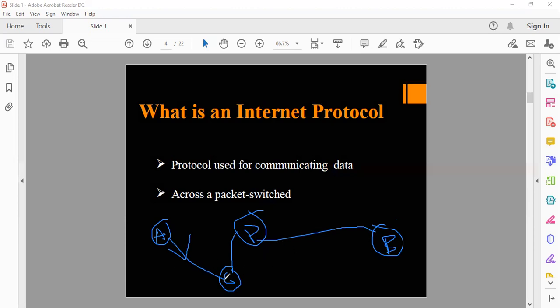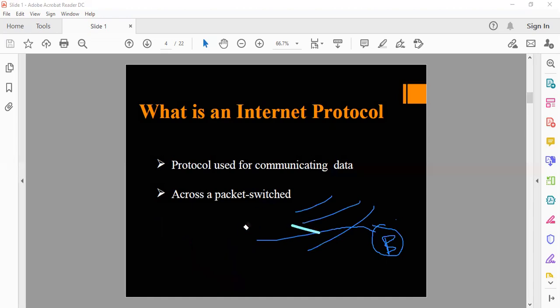During this scenario, suppose C also wants to transmit its data. The packets generated at A will be transmitted towards B through different paths, maybe one path, maybe two, maybe three. These packets travel through different paths and reach the destination. That's why the resources are not wasted.